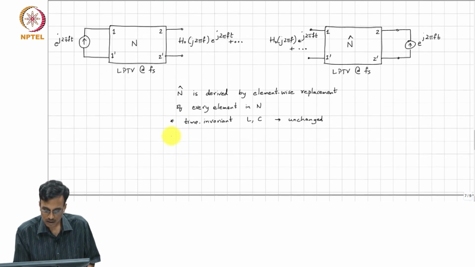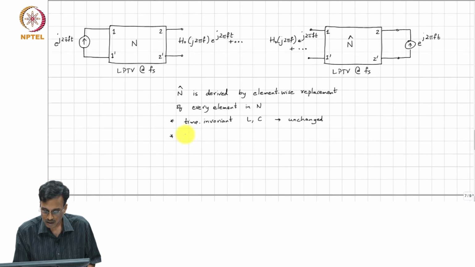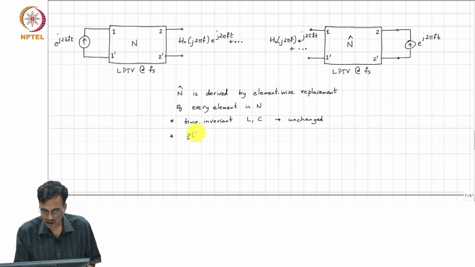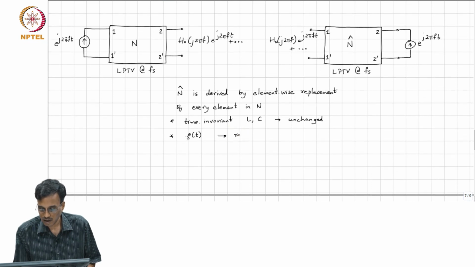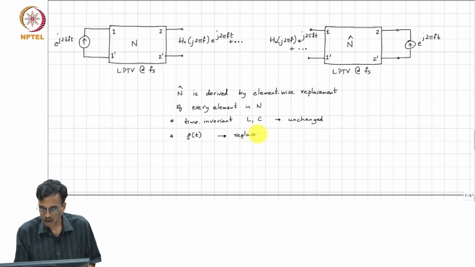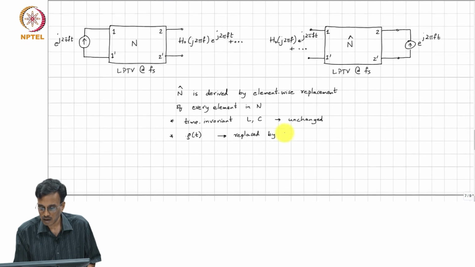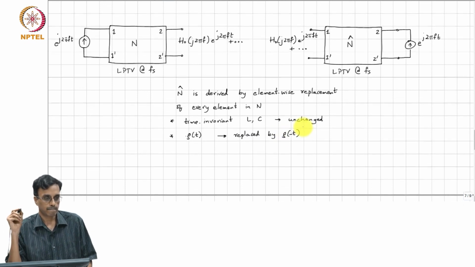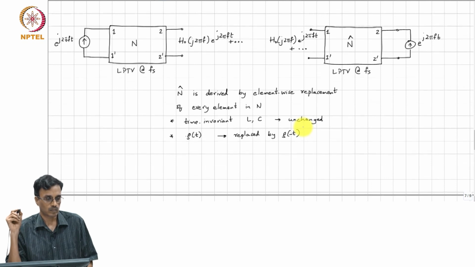All right. Periodically time varying conductance, right, is replaced by G of minus t. All right.